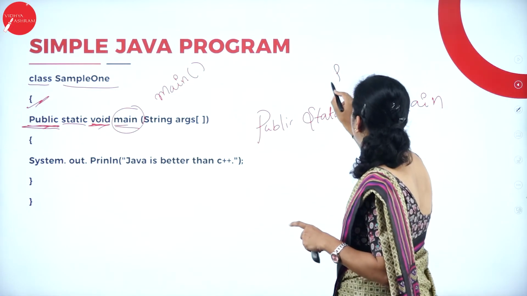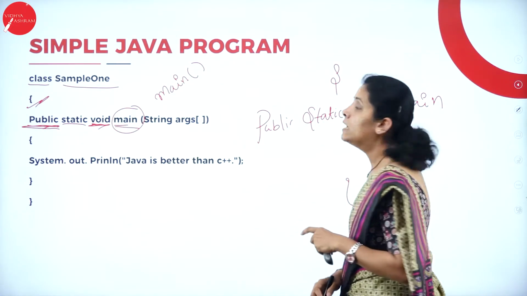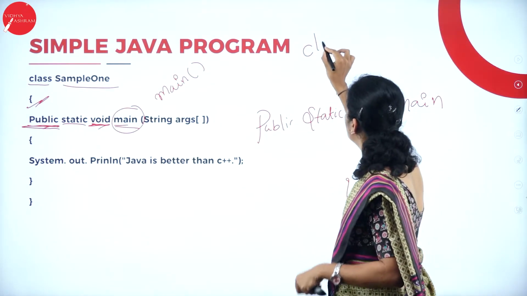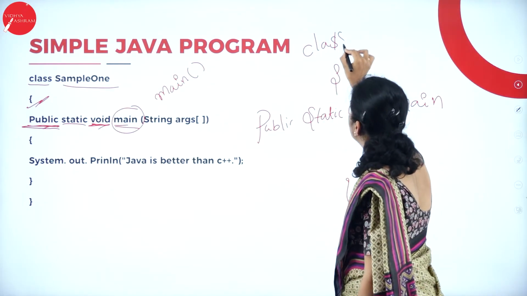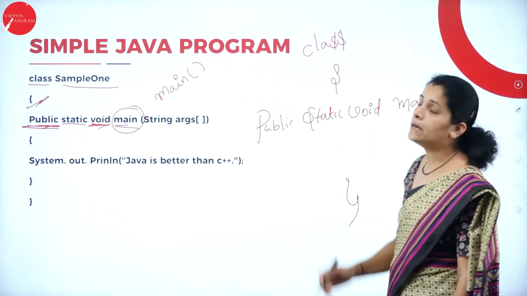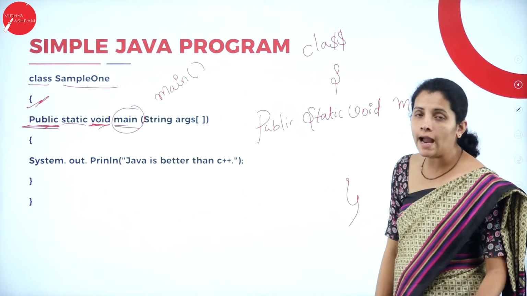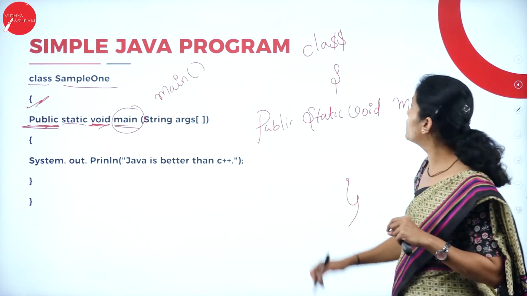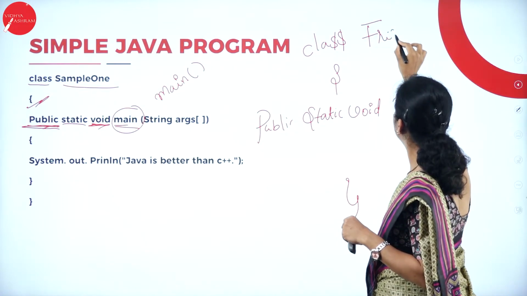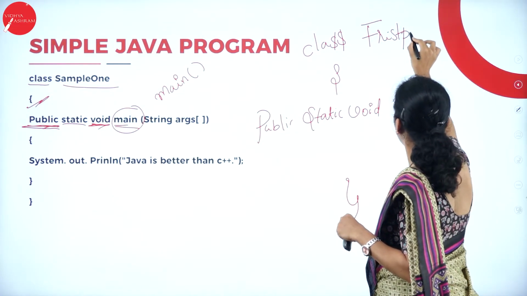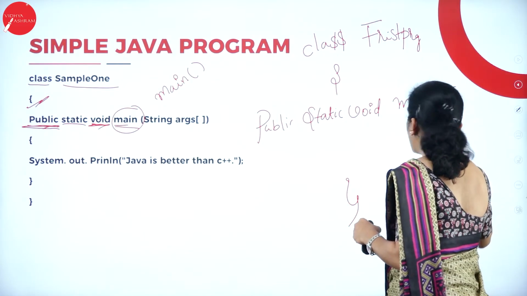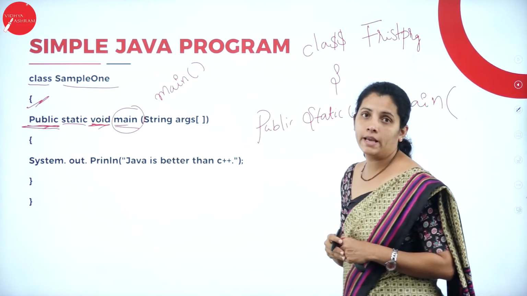And this should be written inside the class. So I'm going to have the class keyword, then I'm going to write the class name. Think that this is my first Java program. I'll write first PRG. And I'm going to have the opening brace.